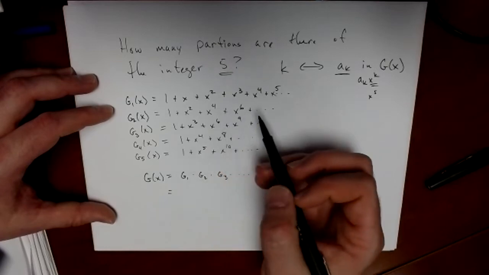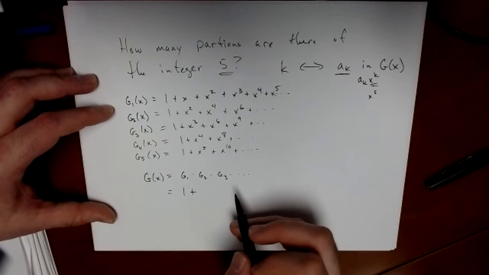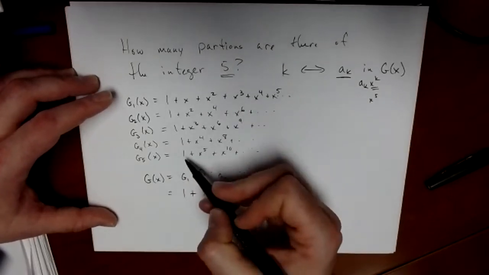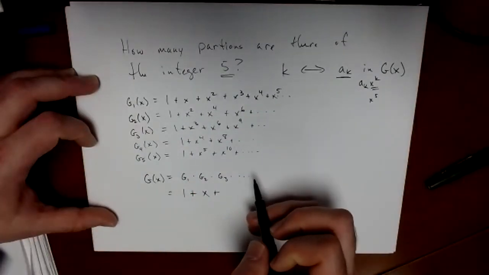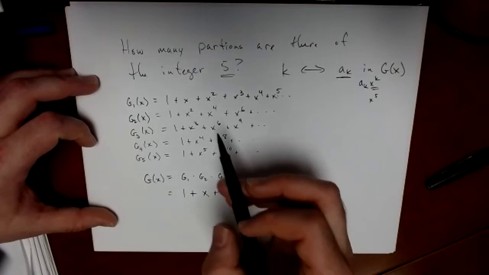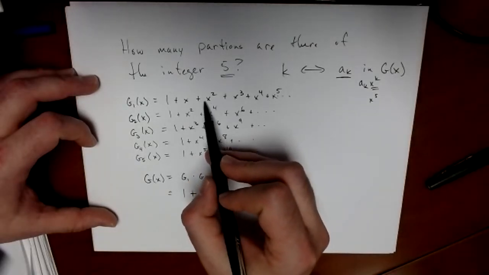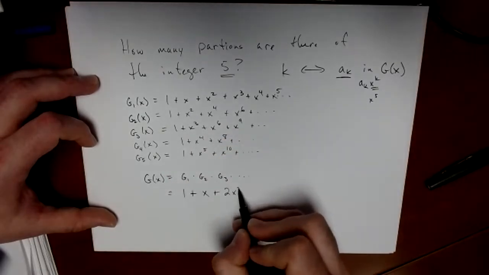So we get 1 plus, there's only one way to get x, right? It's this x times those 1s. Plus how many ways can we get x squared? No ways with this x, but we just get the 2x squared and then all 1s, or 1x squared and then all 1s. So 2x squared.